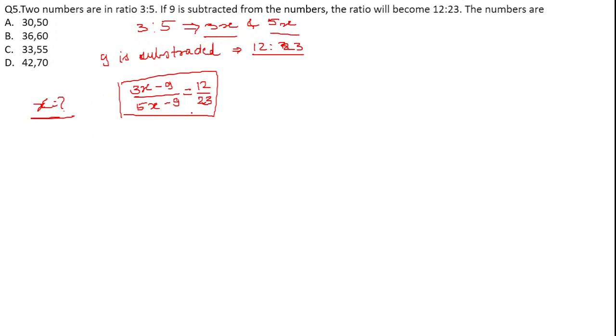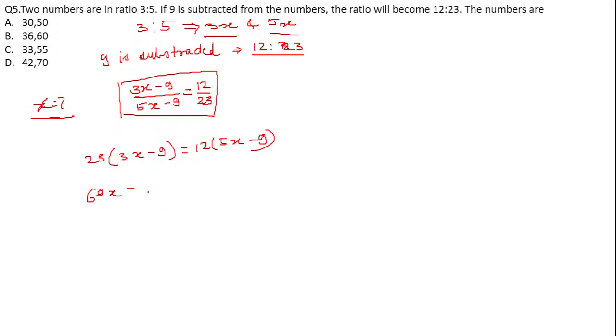So what we can do, so we will do 23 times (3x minus 9) equals 12 times (5x minus 9), correct. 23 3s are 69, so 69x minus 23 times 9, we have to do, so 9 3s are 27 and 9 2s are 18, so it comes 207, correct.